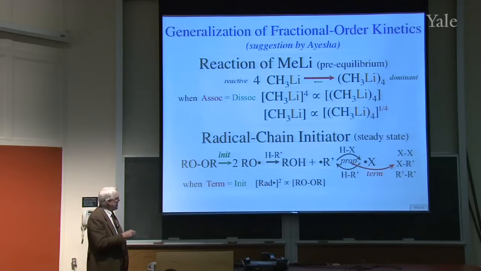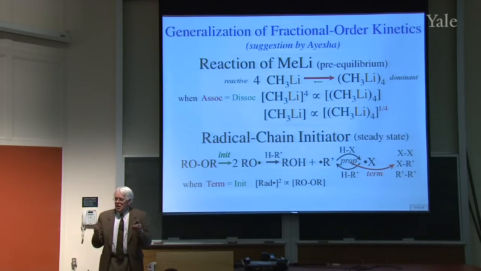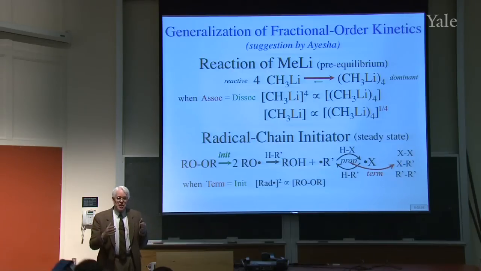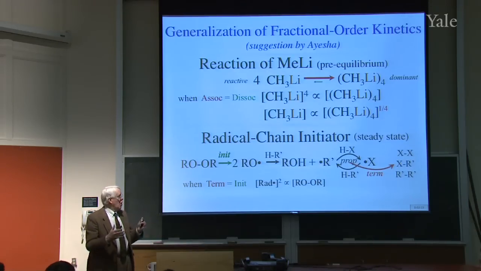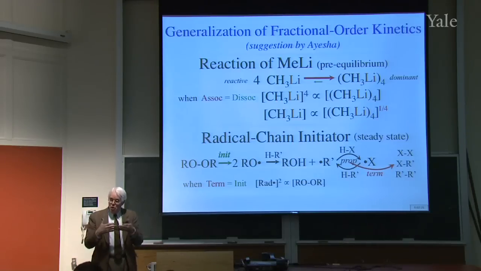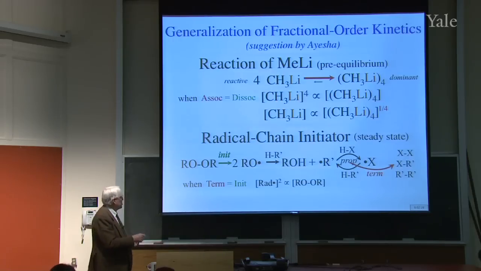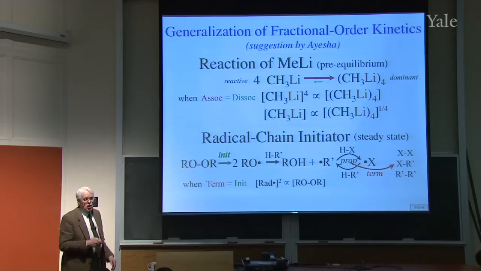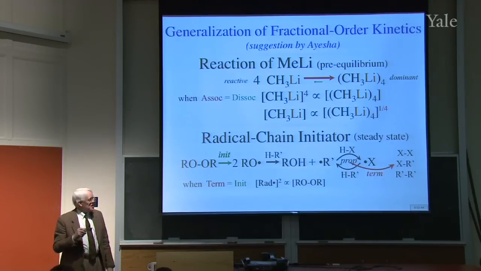And since the termination is proportional to the concentration of radical squared, the radical could be in the form either of X atom or in the form of the R radical. But whatever it is, when two of them get together, that does it. So the radical's concentration squared, how much chain there is squared, is proportional to the initiation, to the concentration of this. Okay. So this isn't an equilibrium as it was in the top, but really it's the same deal.